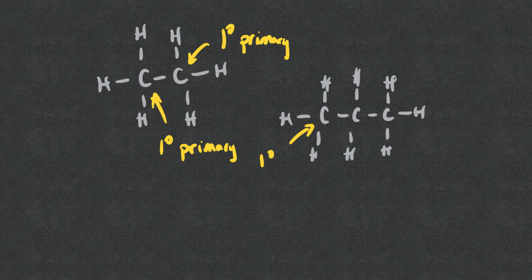And this is also true for this carbon here at the very right end. It's only attached to one carbon. So we'll say that this is a primary carbon. But the one in the center is actually attached to two different carbons. All right. And so what we'll say is that this carbon is a secondary carbon because it is attached to two other carbon atoms. All right.